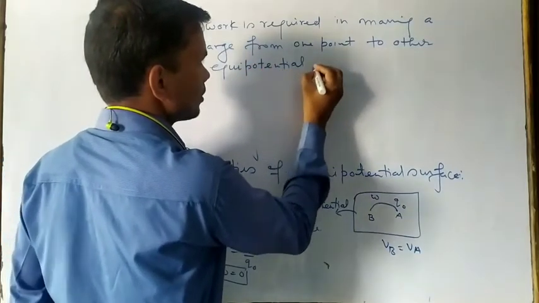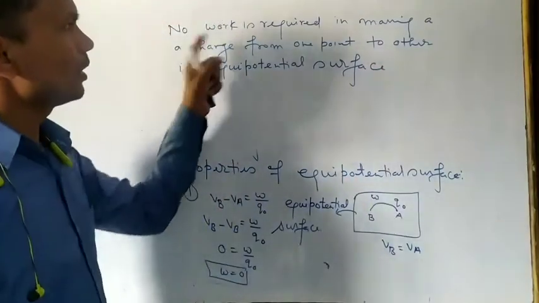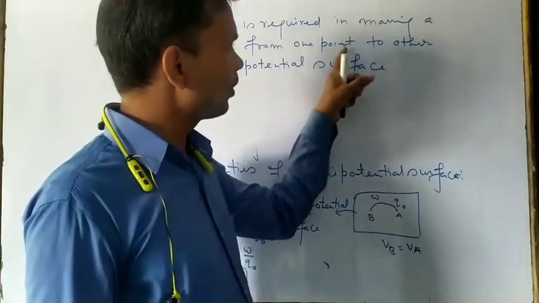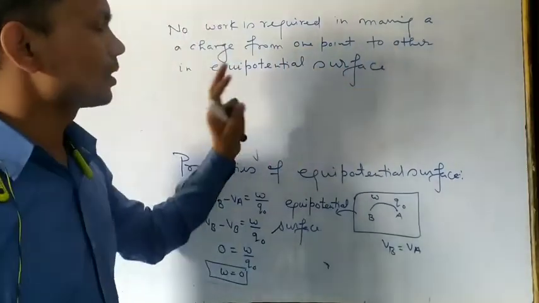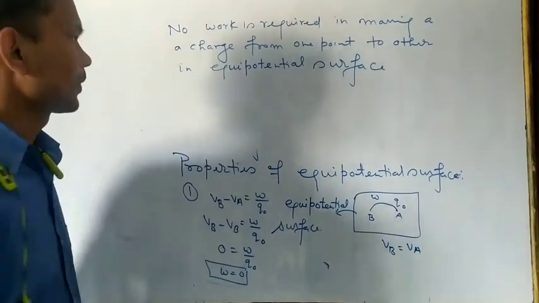No work is required in moving a charge from one point to other in equipotential surface, right? So this is the first one.